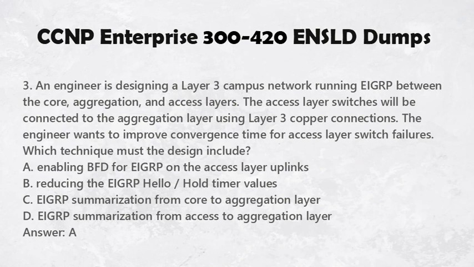A. Enabling BFD for EIGRP on the access layer uplinks. B. Reducing the EIGRP hello and hold timer values. C. EIGRP summarization from core to aggregation layer. D. EIGRP summarization from access to aggregation layer. Answer: A.